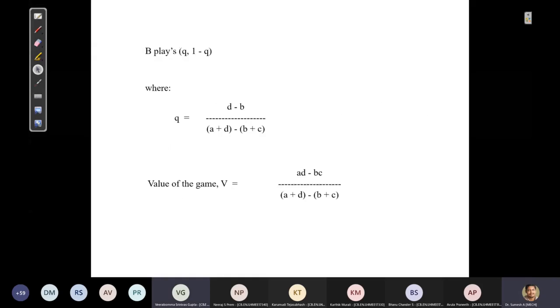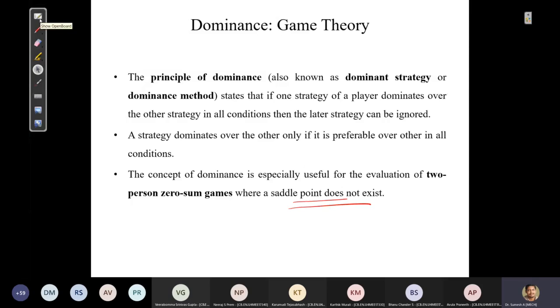Sir, any particular reason for considering the first column only for calculating the value? Whichever is likely to us, that is what we are calculating. Try to see it with respect to the column also; you have to end up with the same answer.